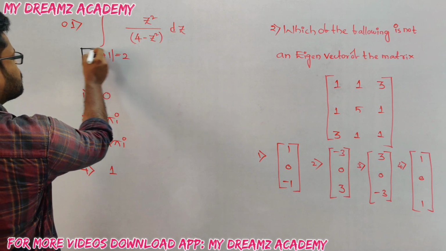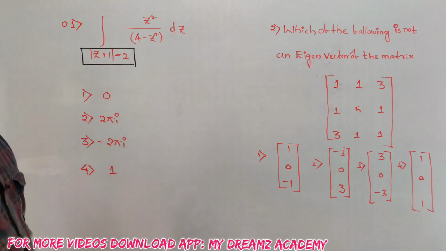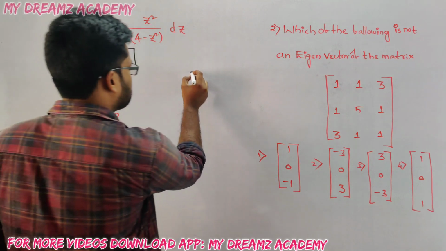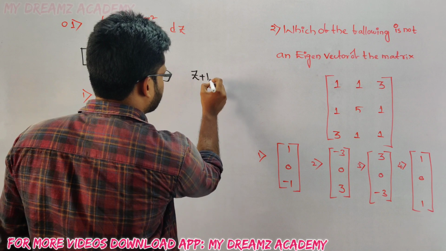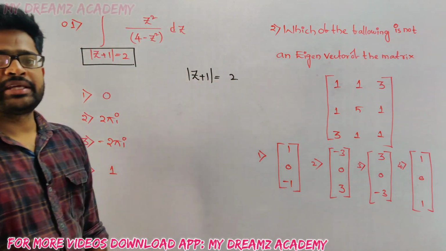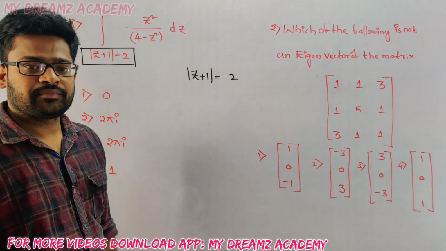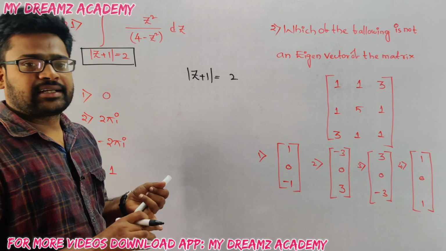First, in order to solve this question we need to concentrate on this term, that is mod z plus 1 equals 2. The meaning of this is that it represents a circle, with a center and radius.